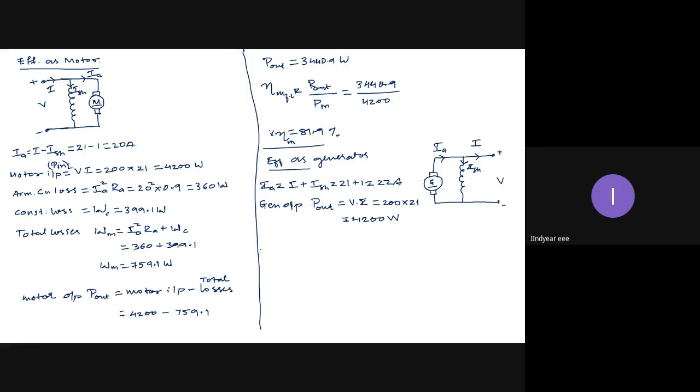Next, armature copper loss is equal to IA square RA. So IA is 22 square into 0.9. How much? 435.6 watts. Then the constant loss is already calculated.